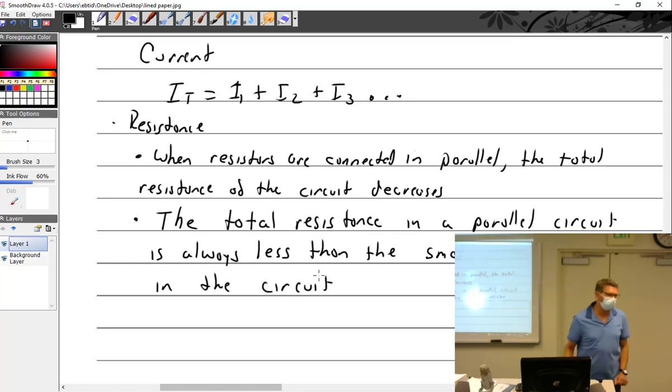So in other words, if I've got a 1,000 ohm, a 2,000 ohm, a 4,000 ohm, a 5,000 ohm, a 6,000 ohm, and a 1 ohm resistor, my total resistance is going to be less than 1. You do that all day, right? Yep. Okay. And that's just a great check for you.